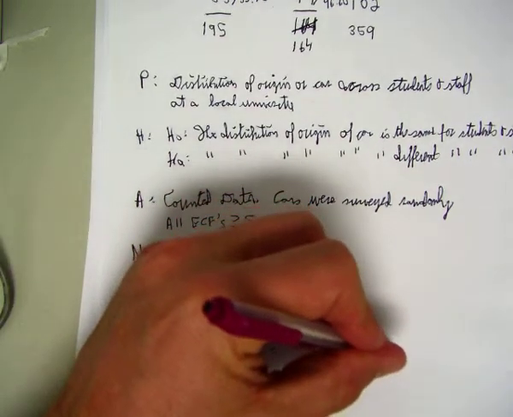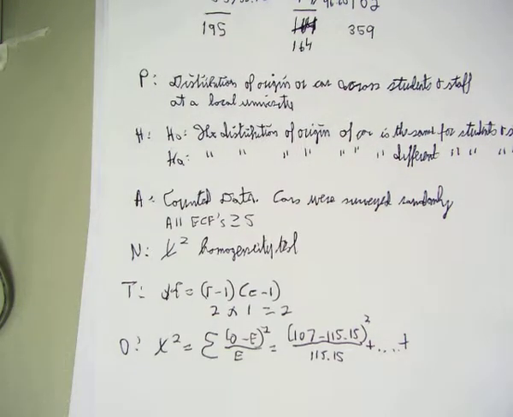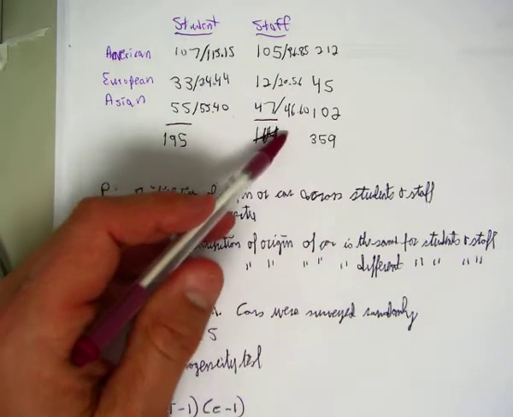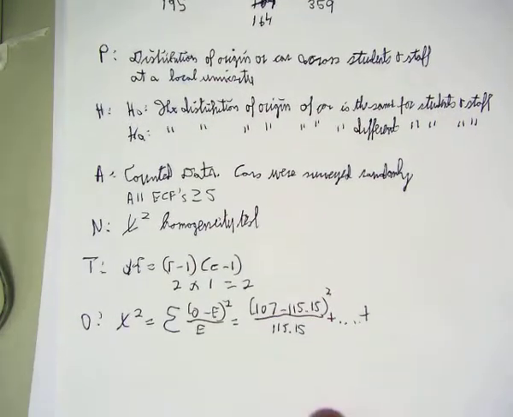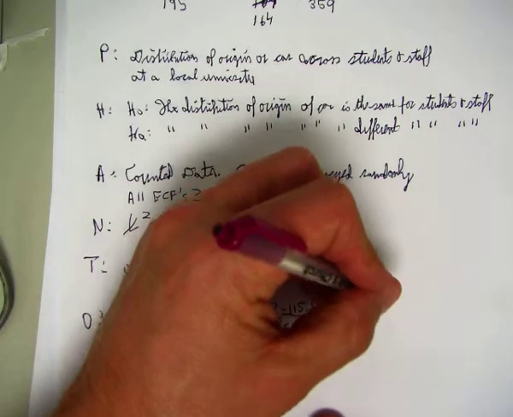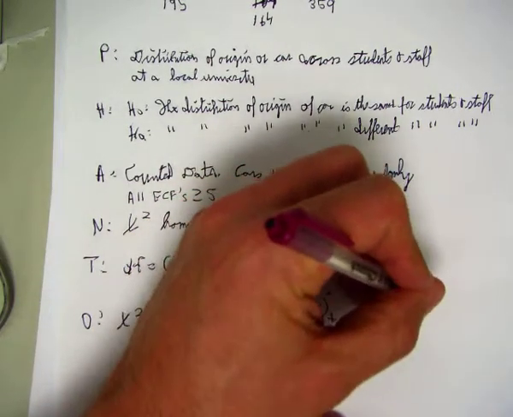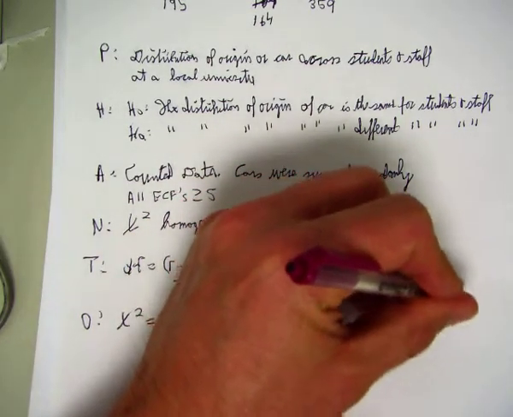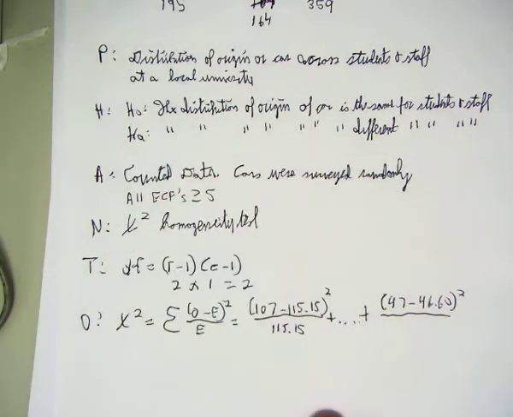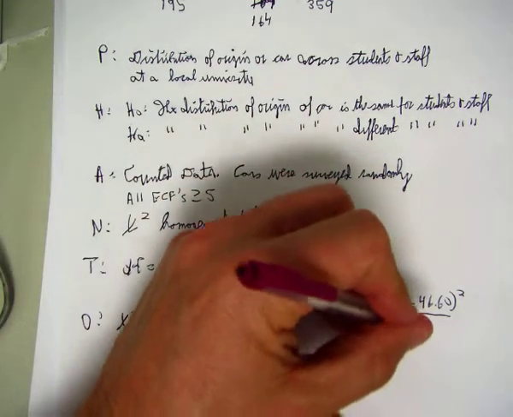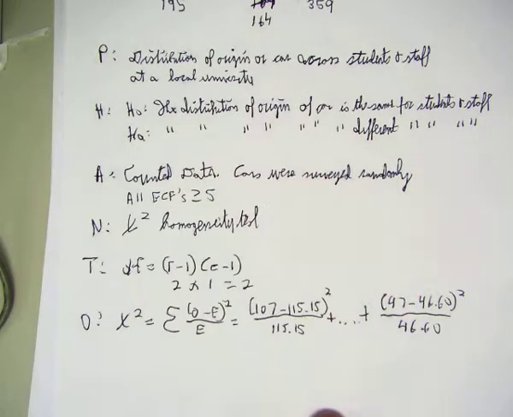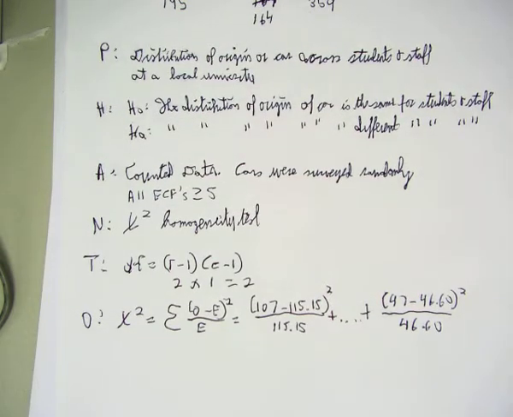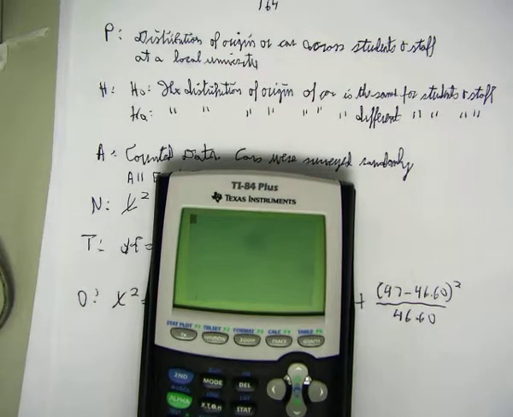Plus, we're going to add all the way up to this one right here, the Asian staff. So we're going to add up all these, but we're just showing that we are adding them all up. So we had 47 observed minus 46.60 expected over 46.60. Okay. At this point, we're going to go to our calculator.